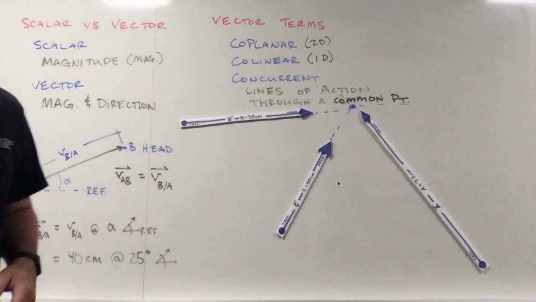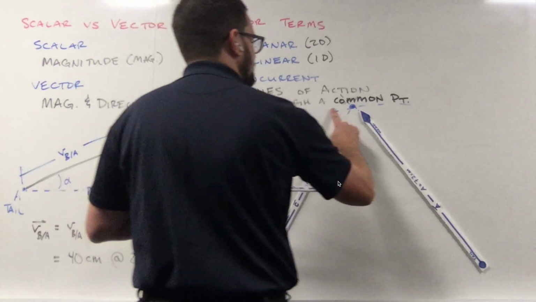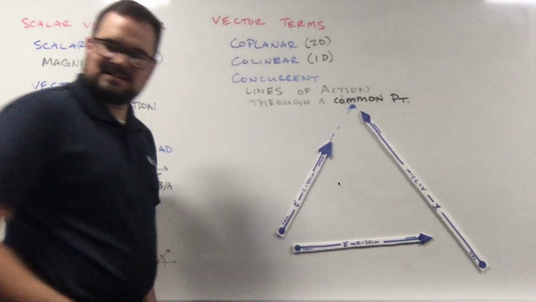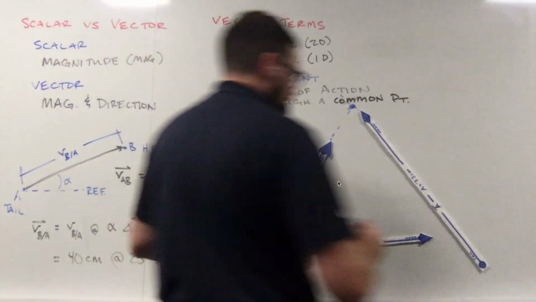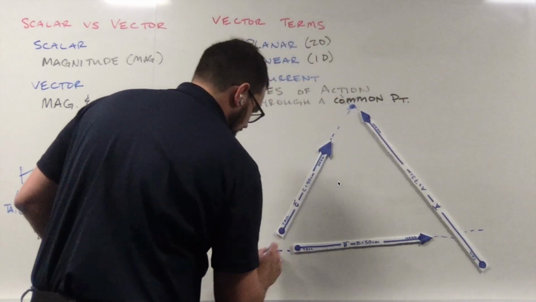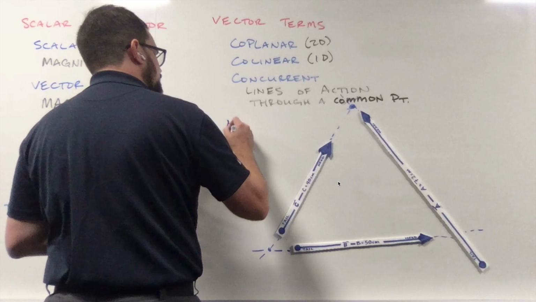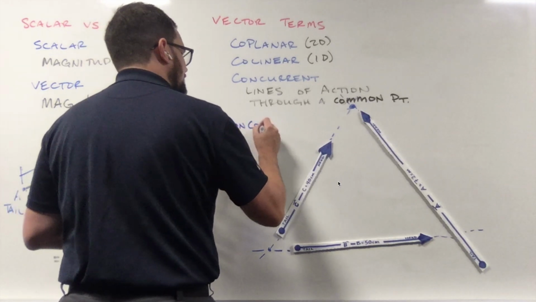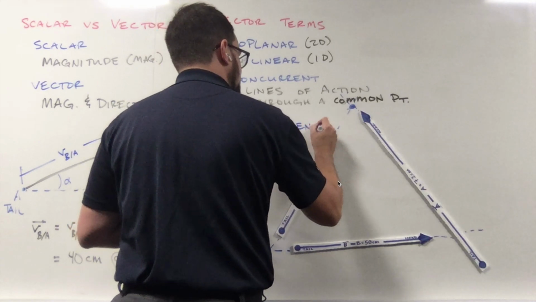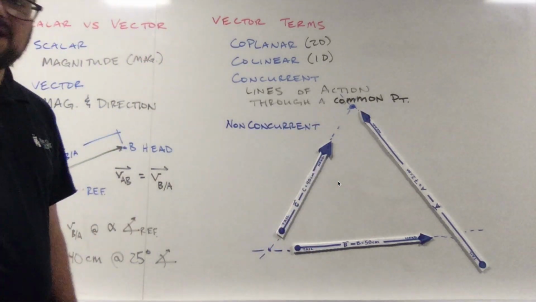We could also have a non-concurrent vector system, where if, say, I move B and I put it down here, and I extend its line of action, we'll notice now that there are multiple intercept points, and so we can also have a non-concurrent vector system where the lines of action don't pass through the same point.